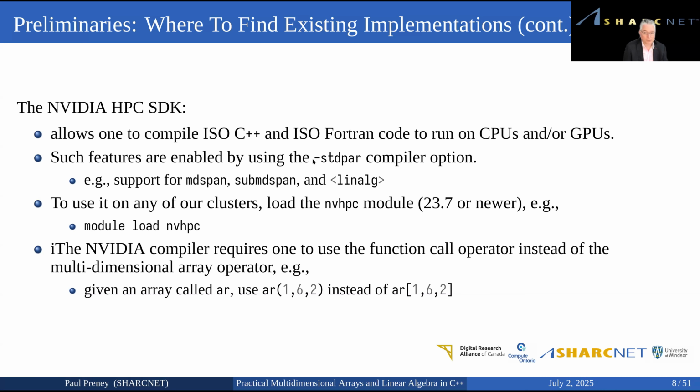In order for mdspan and linear algebra to work, you have to use the -stdpar option. And if you're on our clusters, module load NVHPC is all you have to do. The only thing you have to remember is that the NVIDIA compiler uses round array brackets instead of square ones. So just use round array brackets.